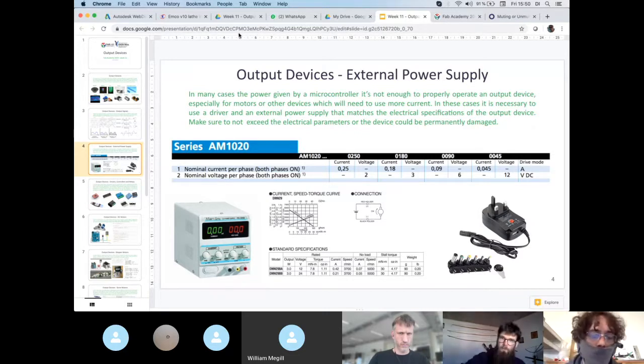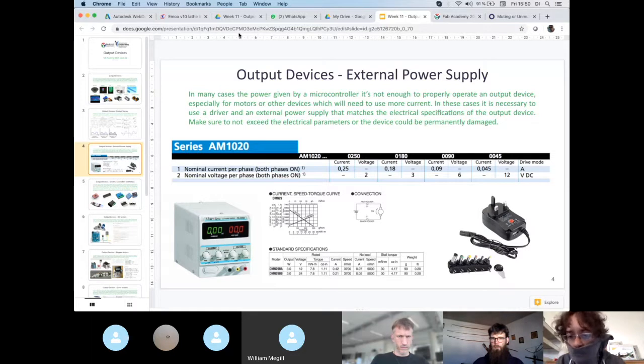If we look at the specification of the ATmega328P, which is the chip that powers the Arduino in your kits, or the AVR chips like the ATtinies that we use in our FabSP, it can output a maximum of around 40 milliamps. And many of these devices, especially the motors, will take amps, not milliamps.